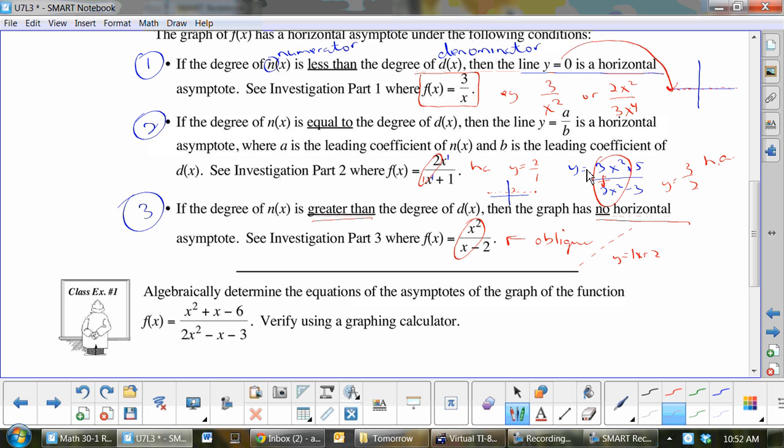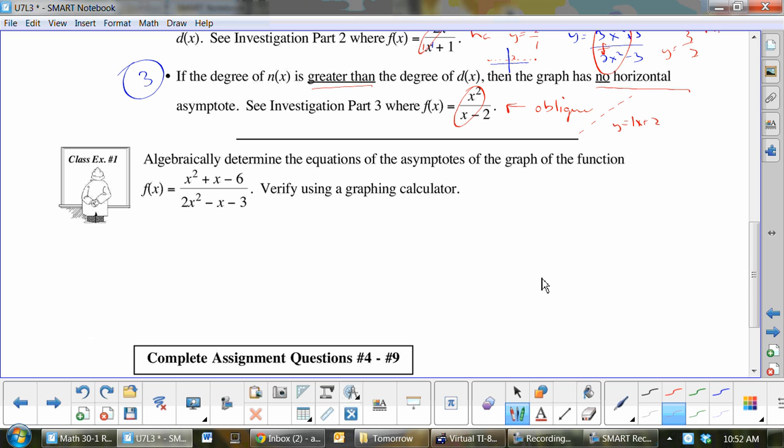So 0, other, no. These are your 3 scenarios. When you have a bigger degree on the bottom than the top, it is 0. When you have the same degrees, it is the coefficients divided by each other. When you have a bigger degree on top than on the bottom, it's oblique or no horizontal.